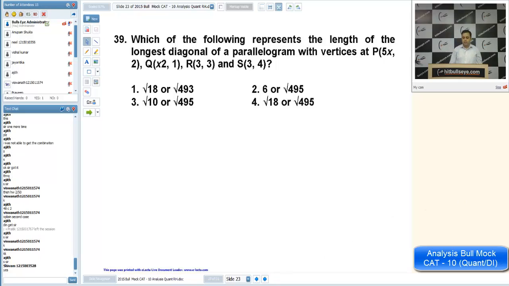Okay, there's a parallelogram whose vertices are given. Actually, this is x square. This value is x square. Should I explain it or not?